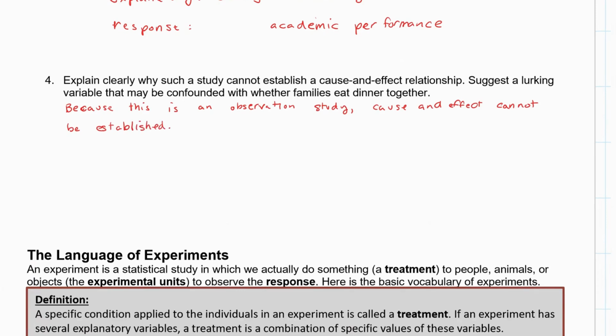Let's think about the kind of kids that might be eating dinner with their families. A lurking variable, for example, may exist.